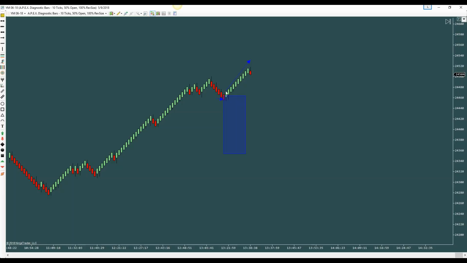That is it. That difference of, in this example, what would it be? Let's just say 10, 15, about 20, let's just call it 20 ticks. 20 ticks is my max risk on this trade. That's my risk on that trade.